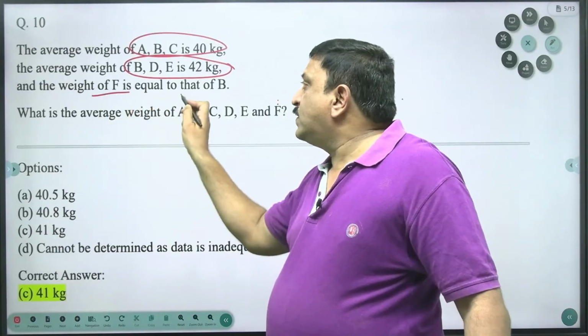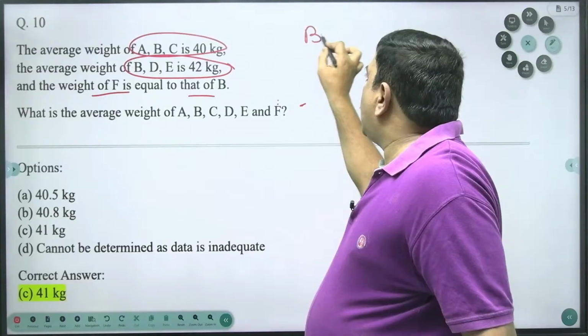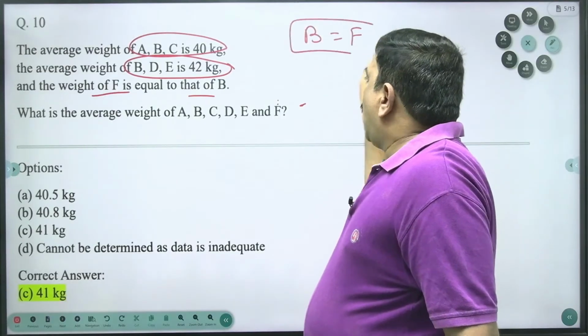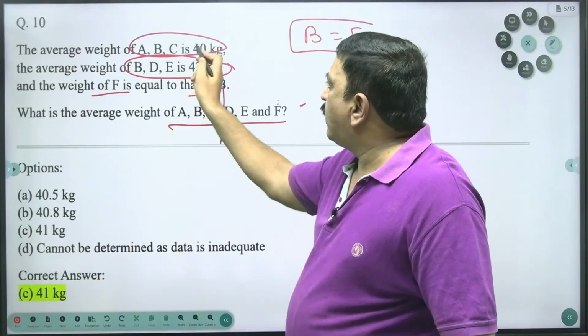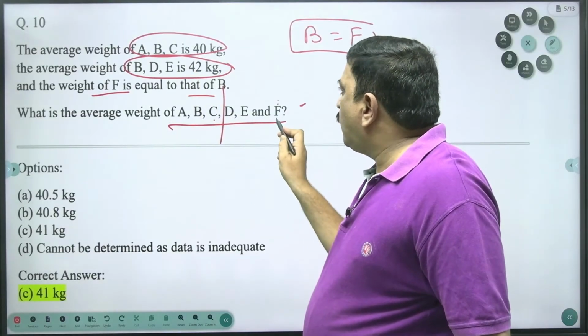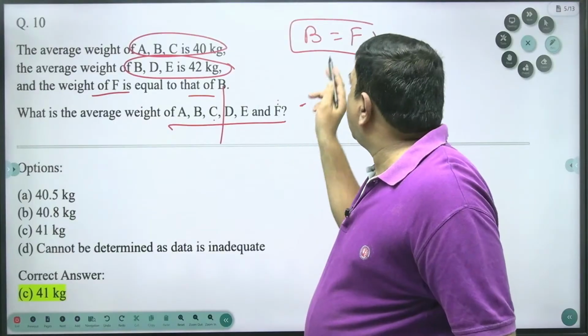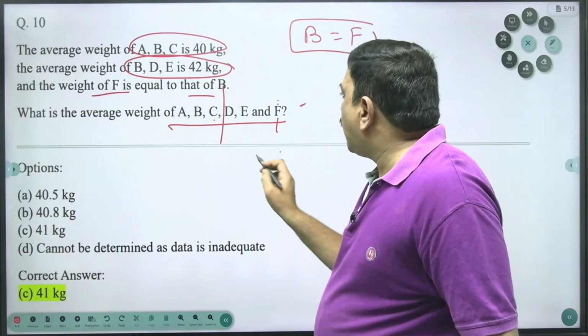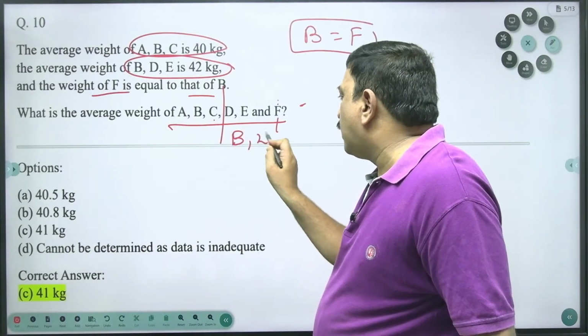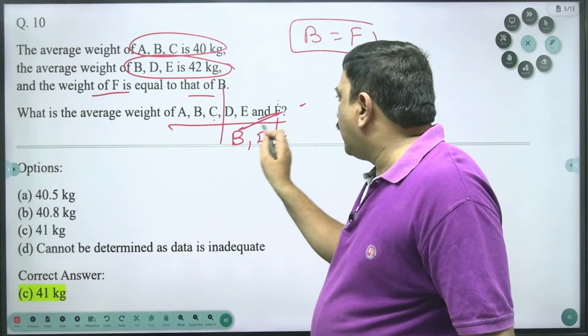And the weight of F is equal to weight of B. That means that B is equal to F, they are saying. And here there are 6 terms and already ABC is given, but DEF we don't have, but they are saying B is equal to F, means in place of F it is B, nothing but it is BDE, is it not? These two are equal, so it is BDE.